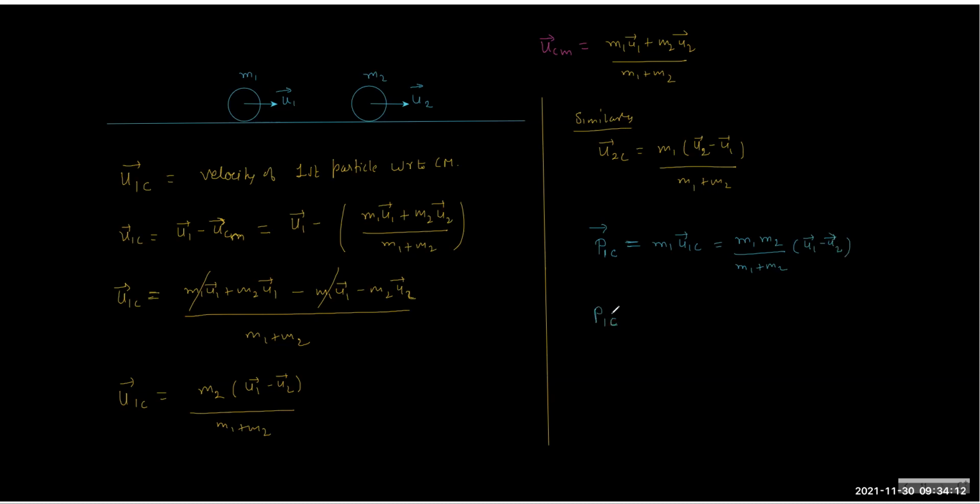So P1C is equal to mu times the relative velocity, because this is the reduced mass, which is very famous. So we can convert this into reduced mass, and then we have this answer.